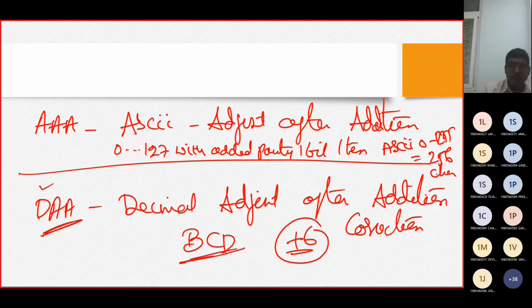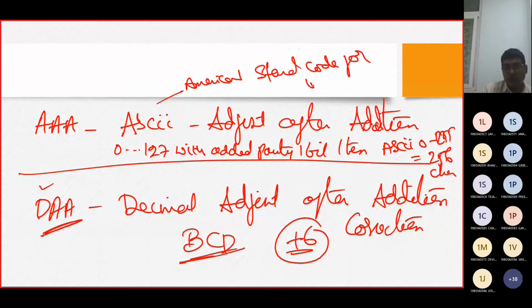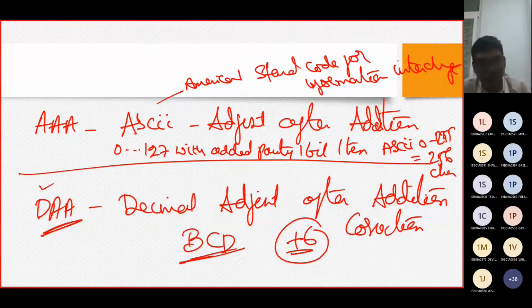ASCII stands for American Standard Code for Information Interchange, which is the full form.